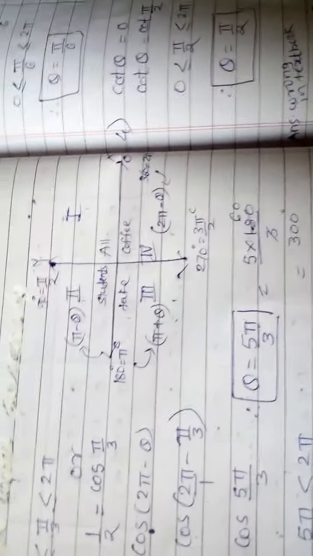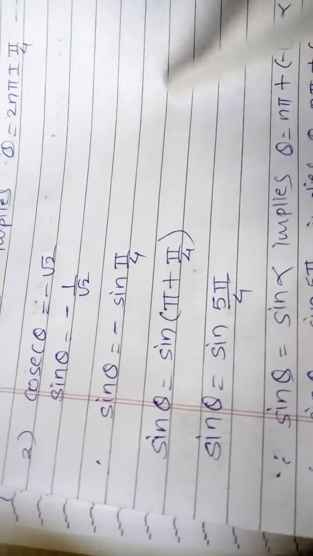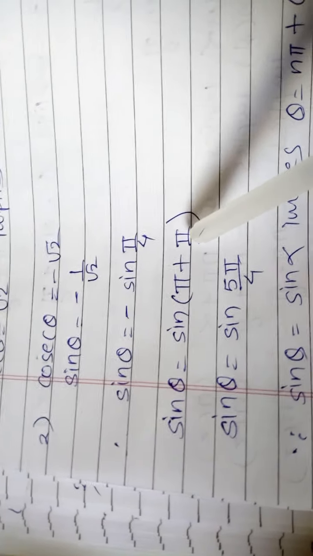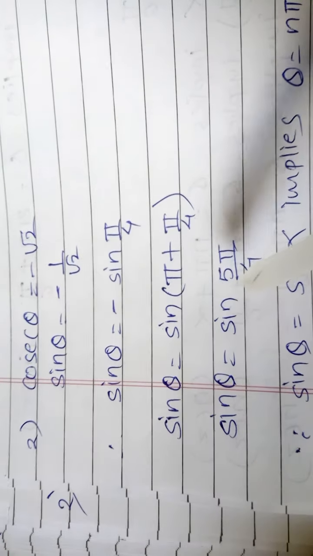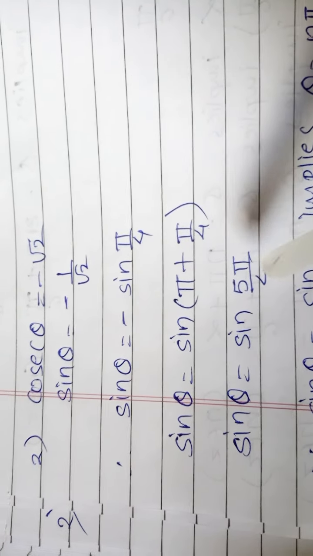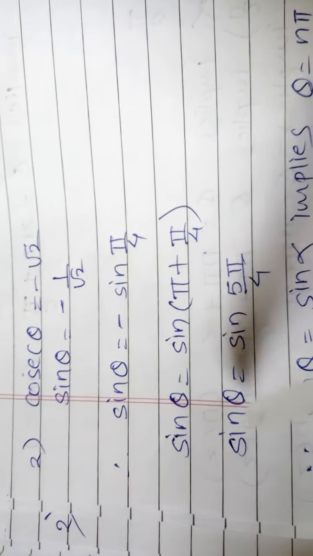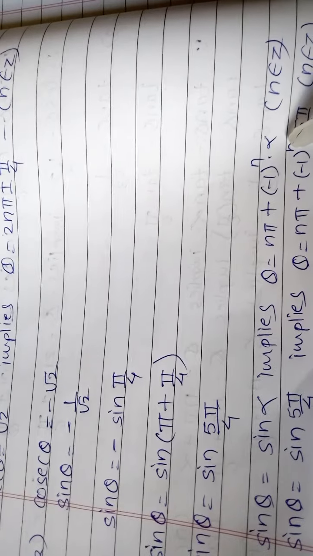Out of third and fourth, the first quadrant we have to take, that is the third quadrant, so we are taking the value of the third quadrant, that is pi plus theta. So pi plus theta means the value of theta is pi by 4, and here we get sin theta is equal to sin 5 pi by 4 by taking the LCM. Now we have to compare this with our table, that is sin theta is equal to sin alpha, which implies that theta is equal to n pi plus minus 1 raised to n into alpha, where n belongs to z.